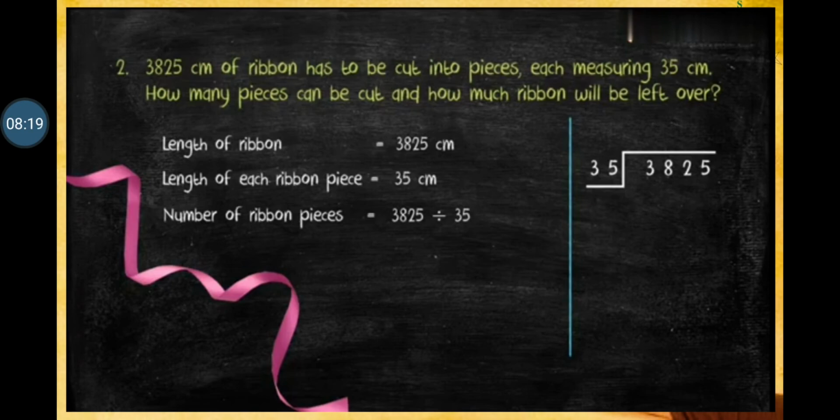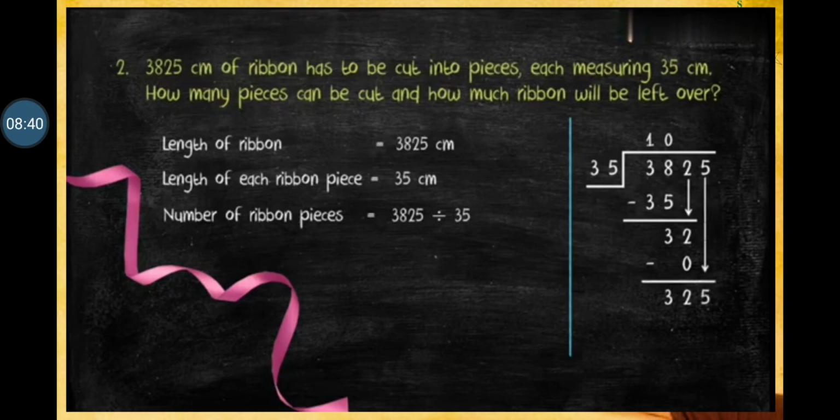Now we have to solve the division question. 35 times 1 is 35. 8 minus 5 is 3 and 2 will come down. 32 is smaller than 35, so we have to put 0 in the quotient because we cannot bring two digits together down. Now bring down number 5.